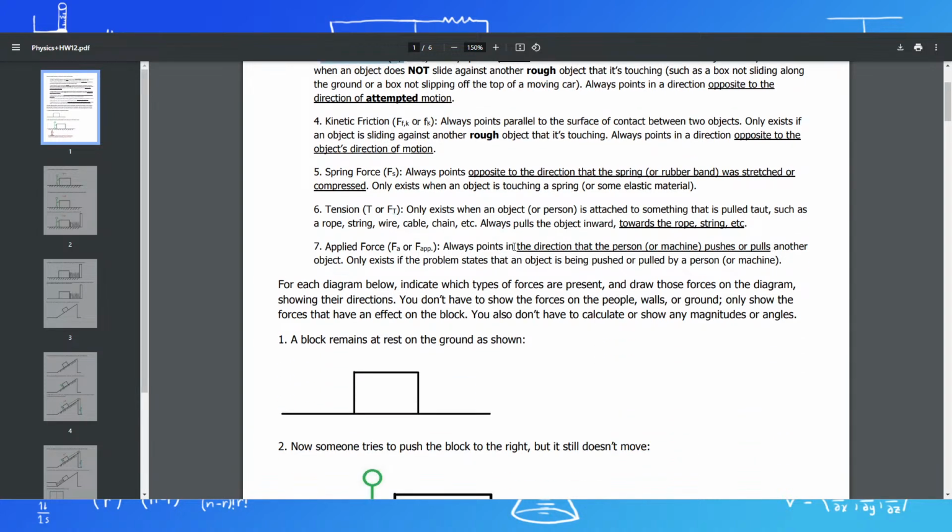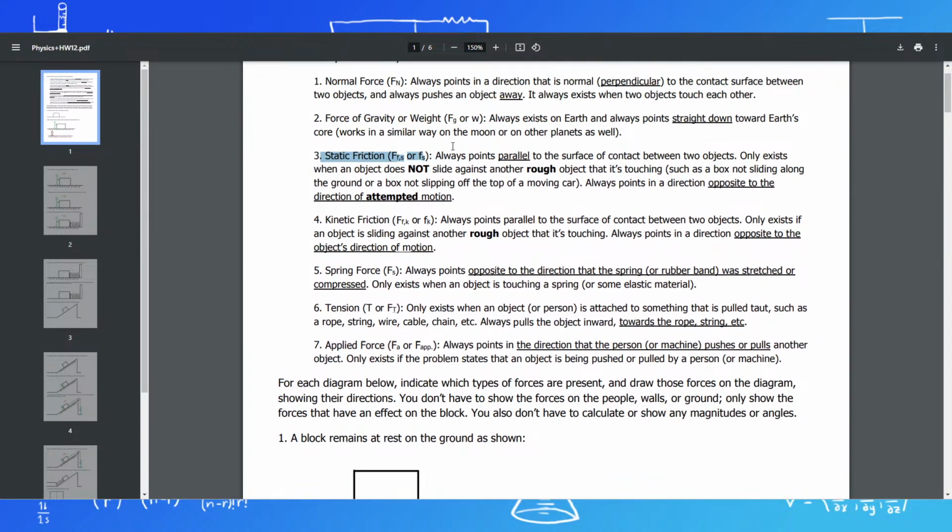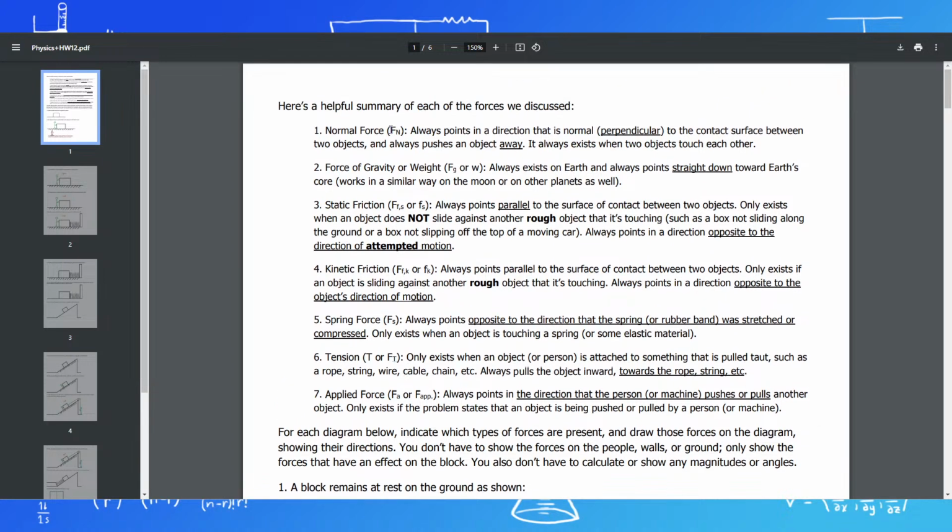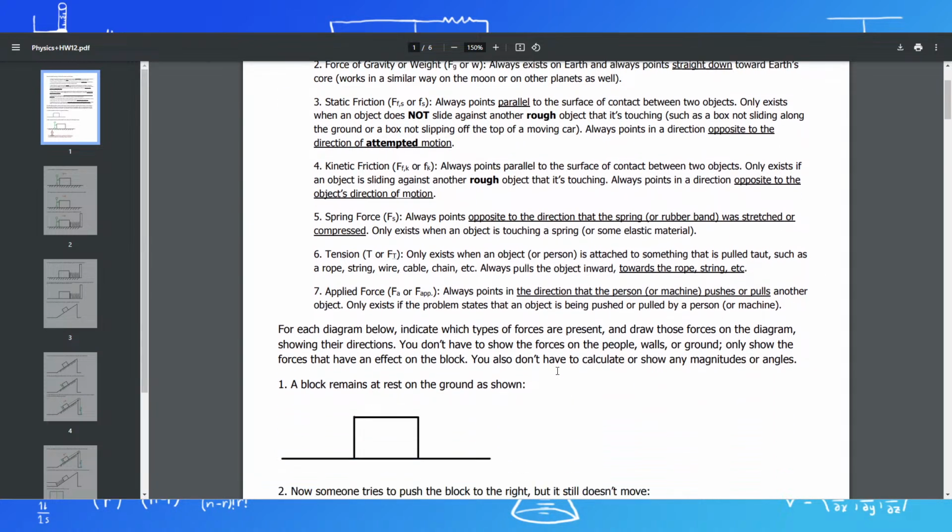Though it is still a useful concept, because if you have multiple forces of the same kind, like more than one normal force acting on an object, being able to name one of them the applied force and the other one the normal force might just make it easier to keep track of things instead of labeling them normal force 1 and normal force 2. So it has its uses.